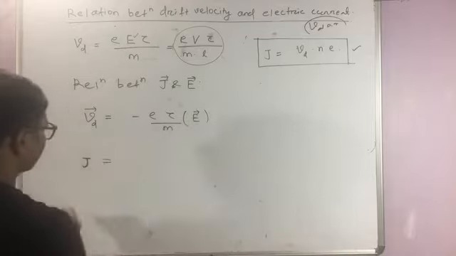So sigma is equal to n e square tau by m, and resistivity is the reciprocal of conductivity, which is m by n e square tau. This equation relates your electric field and current density with the conductivity. So this is otherwise called the vector form of Ohm's law.